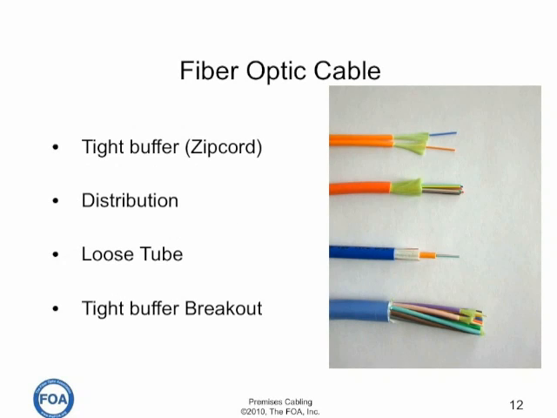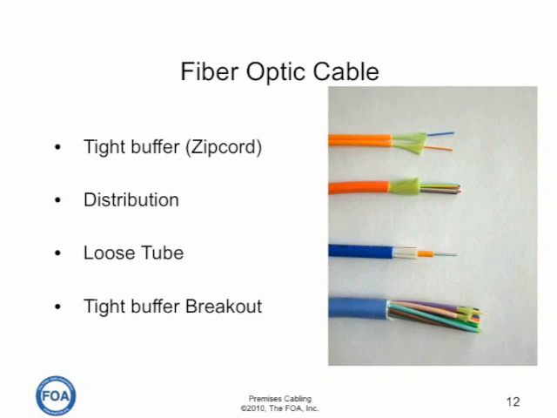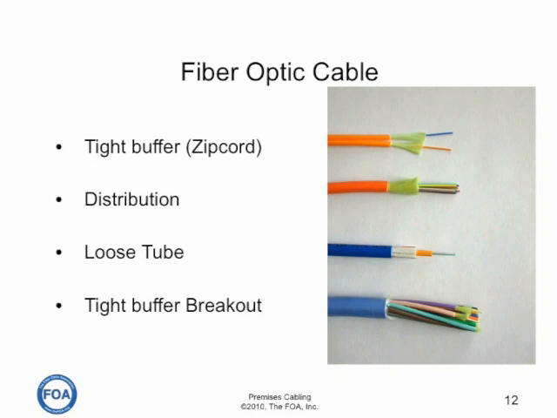Here are the four most common types of fiber optic cable used in premises applications. Tight buffered cable, like the zip cord at the top, is typically used for patch cords. Distribution cable is popular because it packs a lot of tight buffered fibers in a relatively small cable, which is easy to run and easy to terminate in a premises environment.